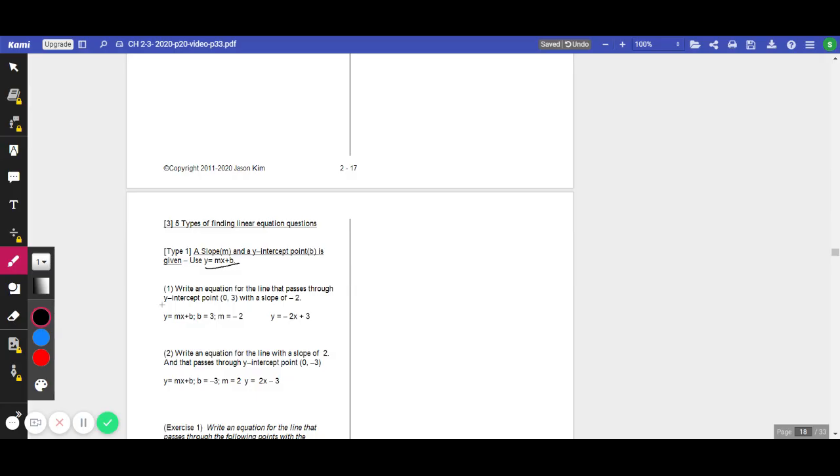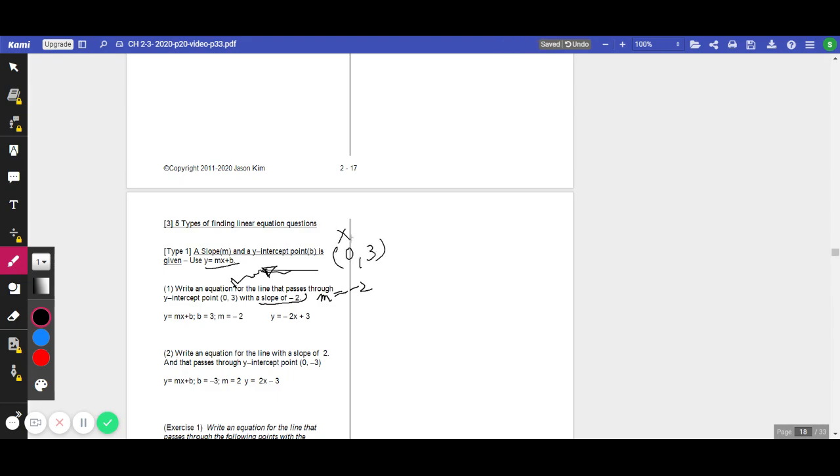Number 1, write an equation for the line that passes through the y-intercept point 0, 3 and slope of -2. So in that way, you know that slope means m, right? So here, m becomes -2. And the y-intercept point is 0, 3.